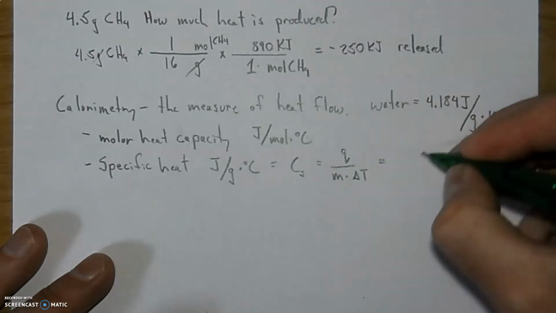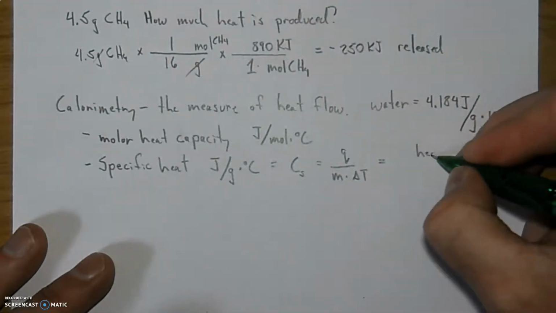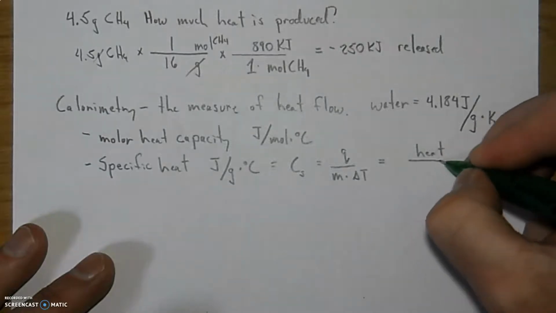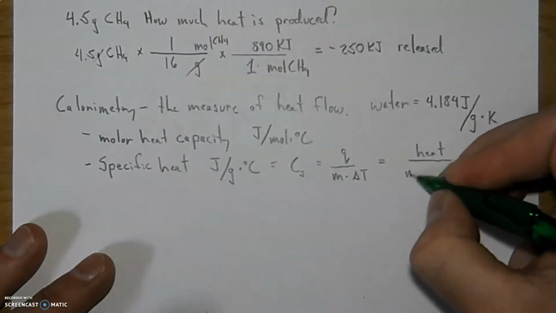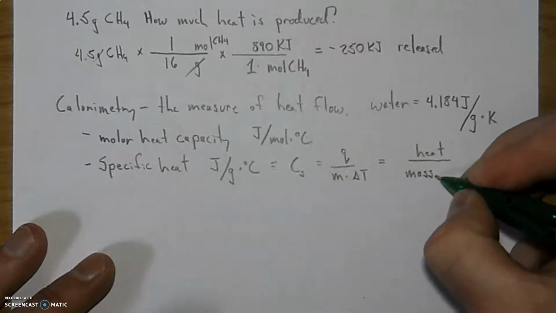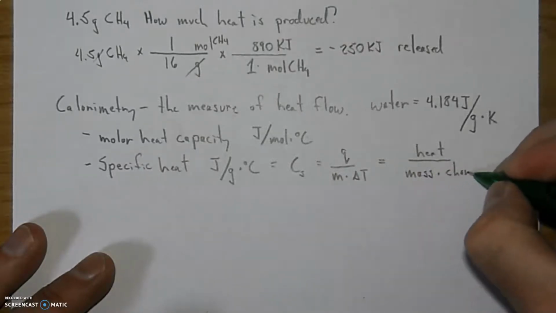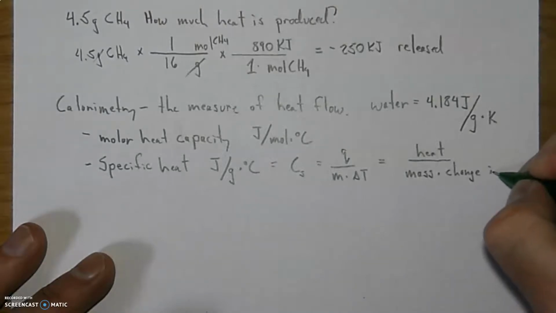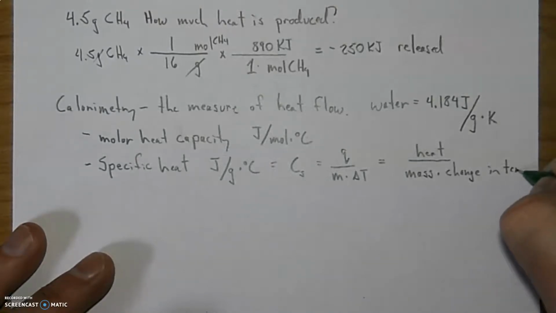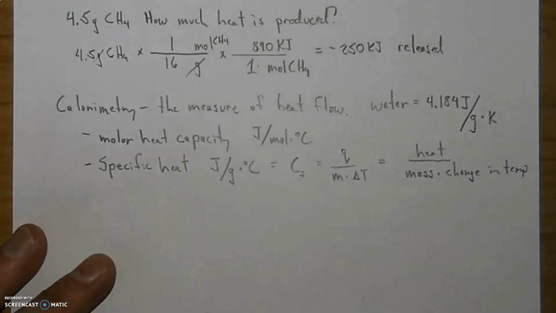And just to put labels on these so we can see it, Q represents heat, M represents mass, and delta T represents change in temp. Okay.